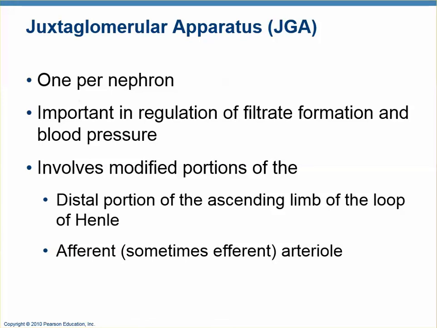In each nephron, there's an area called the juxtaglomerular apparatus. So it's right beside the glomerulus. And it happens right where the distal convoluted tubule doubles back and passes up between the afferent and the efferent arterioles going into the glomerulus. So it regulates the rate that urine is formed.